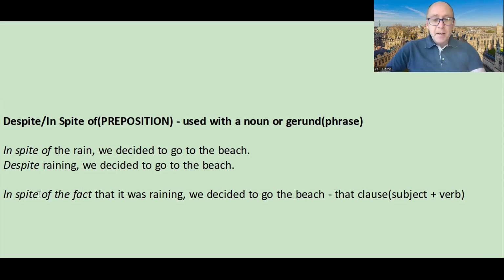But in spite of the fact, if you wrote it like that, would go with what they call a that clause, and a that clause here, again, would have a subject and a verb. So in spite of the fact and although, you could say, are very similar. In spite of the fact that it was raining, we decided to go to the beach. Although it was raining, we decided to go to the beach. So again, contrasting clauses.